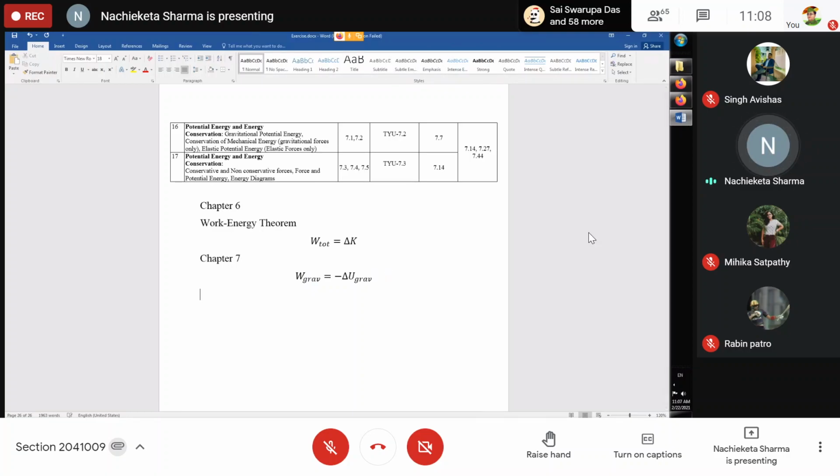Then what we did, suppose the only force present is the gravitational force.